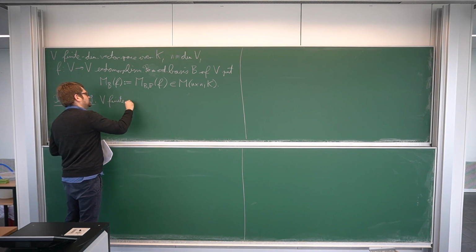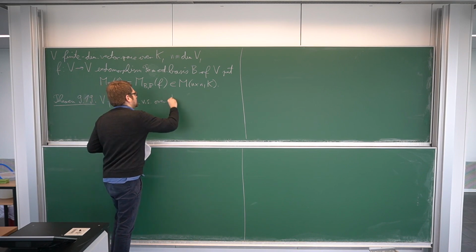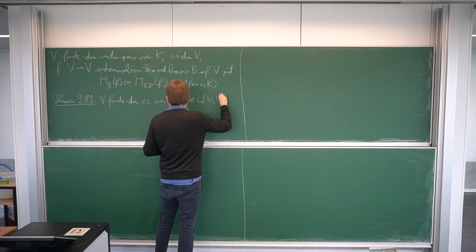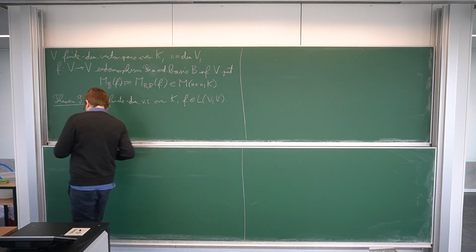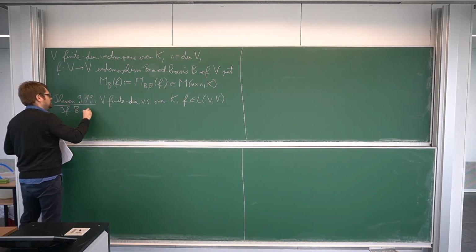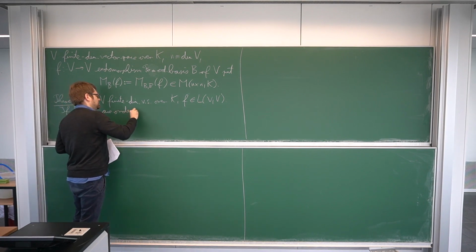If V is a finite dimensional vector space over K, F is an endomorphism, and we have two different bases, B and C are ordered bases of V.